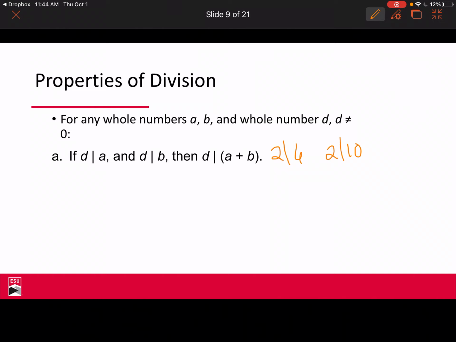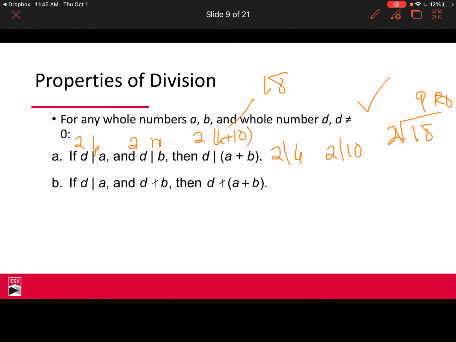This says 2 divides 6 plus 10, which is 18. And 18 divided by 2 is 9, remainder 0. That is true. If one number divides another, it divides a multiple of it. If one number divides two numbers, it divides their sum.